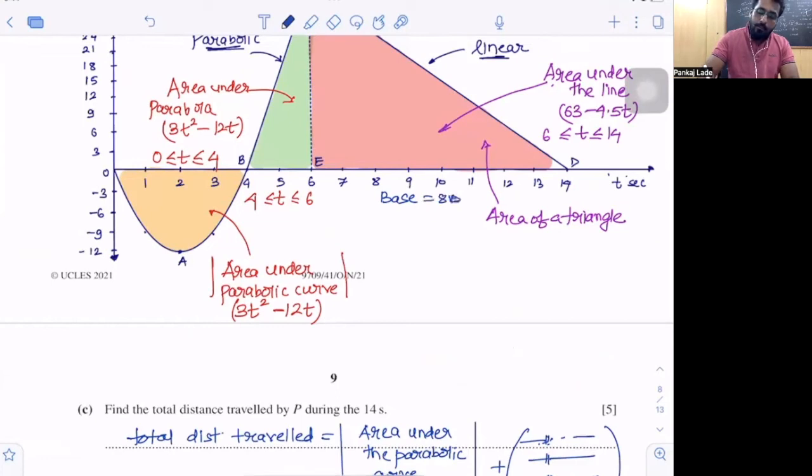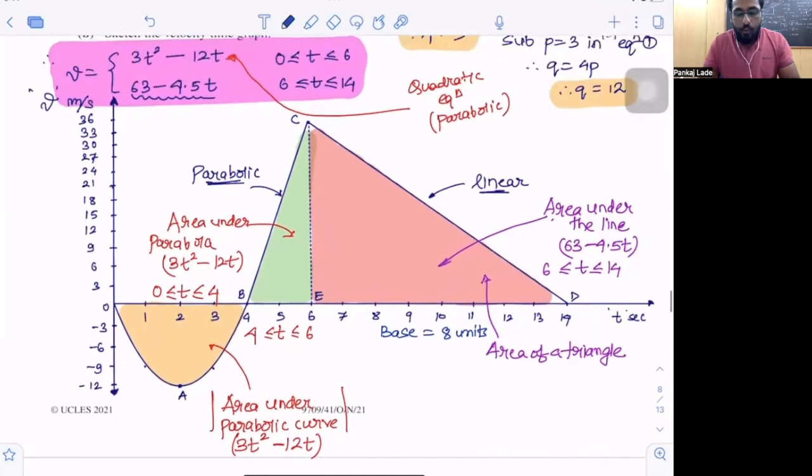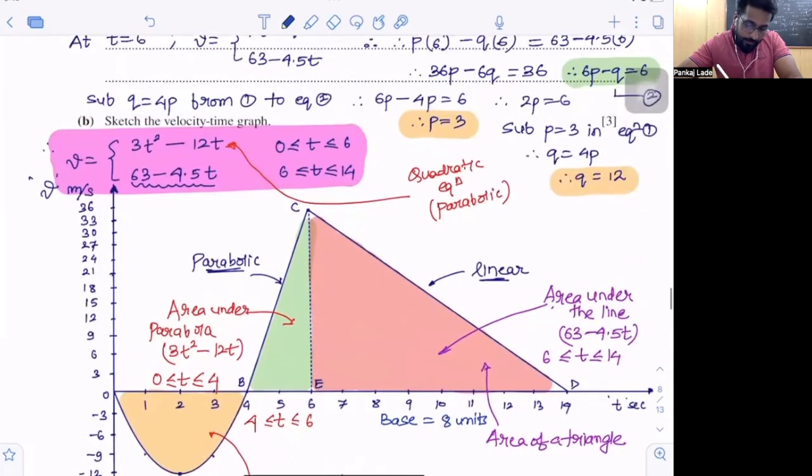That's 8 units. And the length of CE. So if you remember, length of CE was 36. At t equal to 6, it was 36. So this is the height. And it is 36 units.